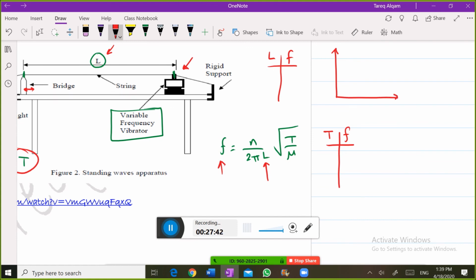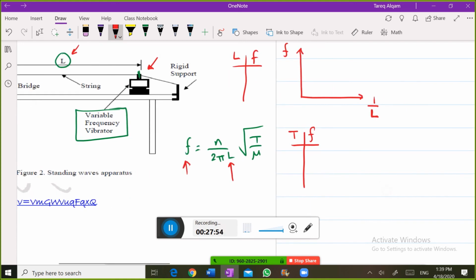If I consider the frequency, I will consider 1 over length, guys, because it's inversely proportional. I will get this graph.